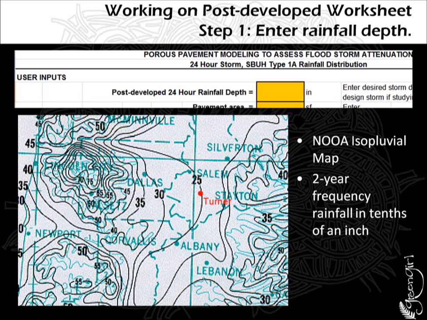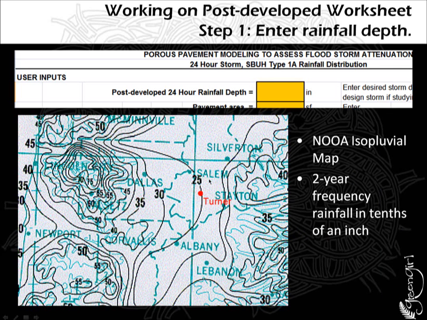Okay, so enter the rainfall depth. For the city of Turner, I went out onto the web and I found the NOAA isopluvial map. An isopluvial map is a contour map of rainfall data. So all of this line here is predicted to have a 2-year frequency storm of 2.5 inches.